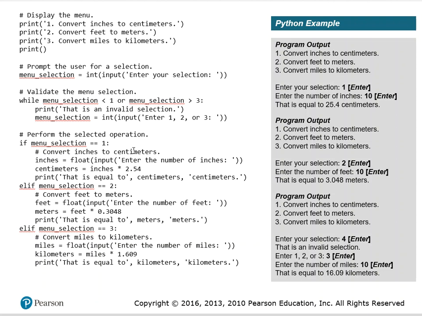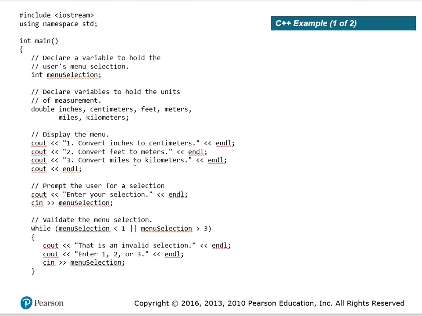So you're checking if the selection that the person made is actually equivalent to 1, then it's going to perform what? Perform this kind of conversion. So that's just a portion of it. It's not the whole thing, but at least you get some idea. If I'm going to show you this in C++, this is how it looks like.